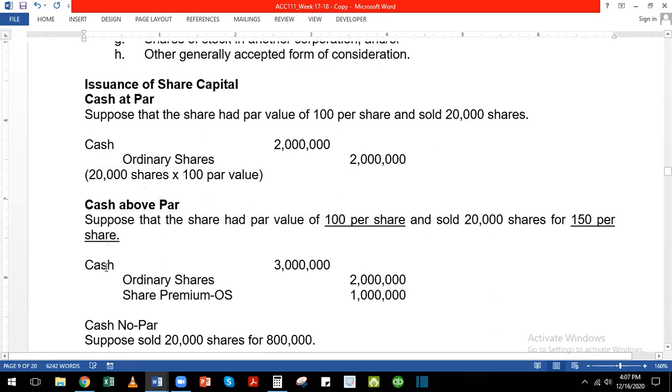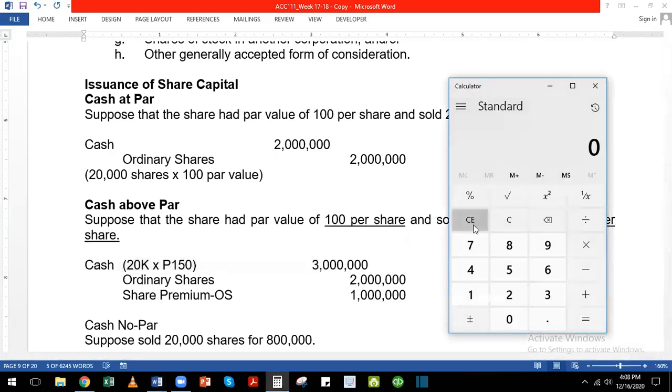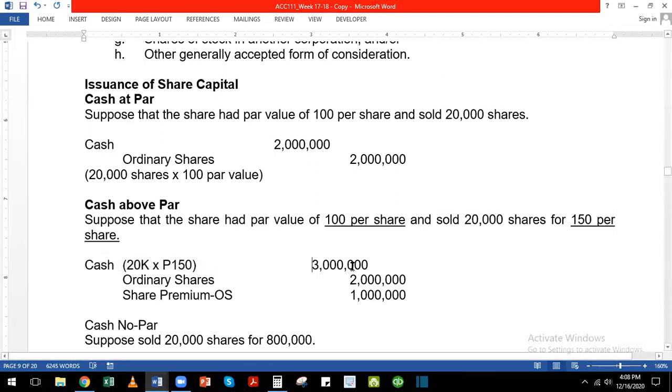So the entry now, you debit cash for the total consideration. Pila ang total consideration niya guys? 20,000 shares multiplied by 150 per share. So nasa 3 million, right? Check natin kung 3 million ba siya. 20,000 times 150, so meron siyang 3 million as the total consideration.